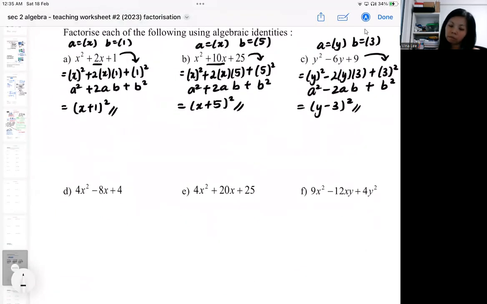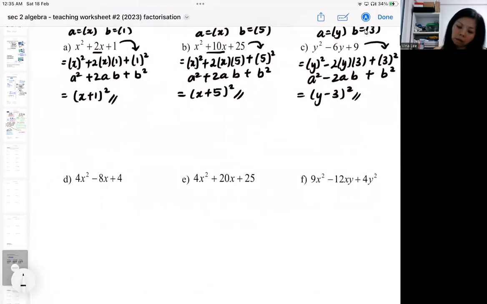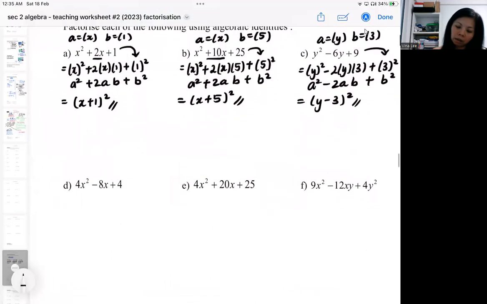Okay, the next one, for D, there is a minus here, so I'm expecting the second formula. But before that, I hope your first instinct is to check whether there is a common factor. Do you realize that there's a common factor? That's a very, very basic thing.